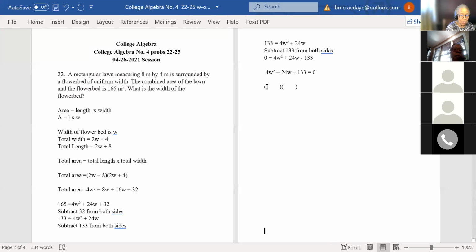The first one is what? 2W. Right. 2W times 2W is 4W squared. So we know the first factor is 2W, right? Now, think of 2 numbers you can multiply to get 133.